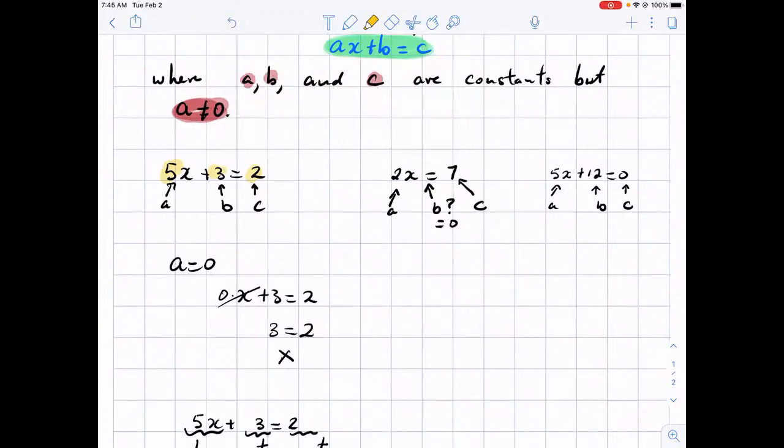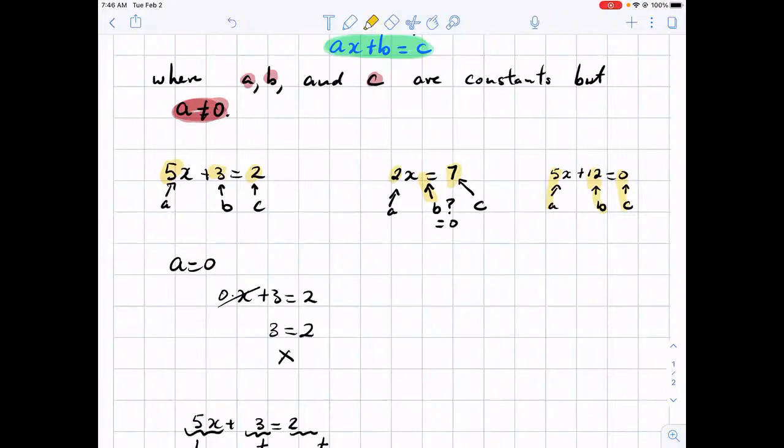In the second example, we have a is 2. There is no other term on the left side, so realistically, b is 0 here, and c is 7. In my next example, a is 5, b is 12, and c is 0.